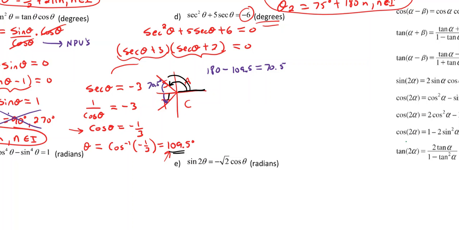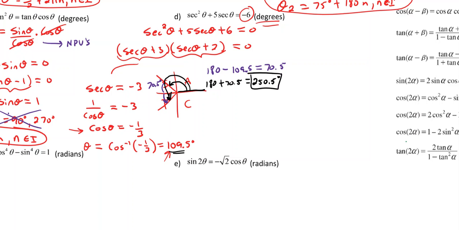I'm getting a little bit messy here, but that angle is going to be 180 plus 70.5. So that's going to be our second angle: 180 plus 70.5 is going to be 250.5. So that's our second angle right there.